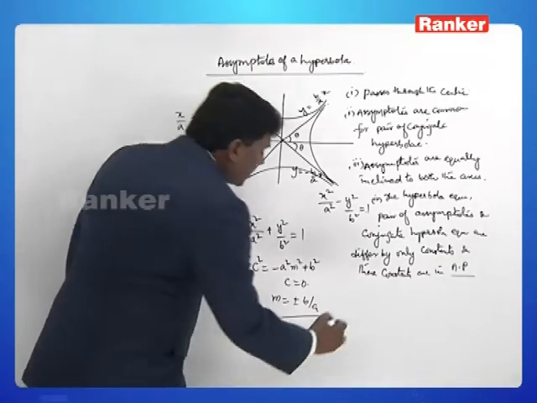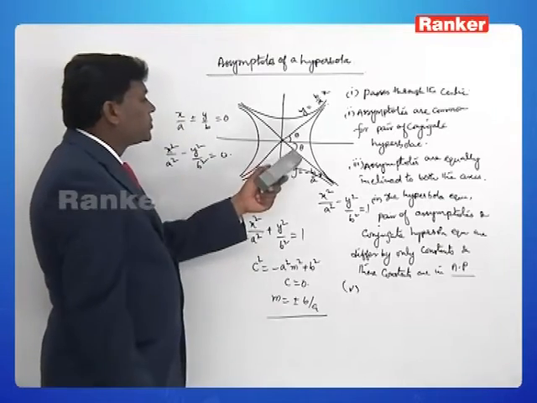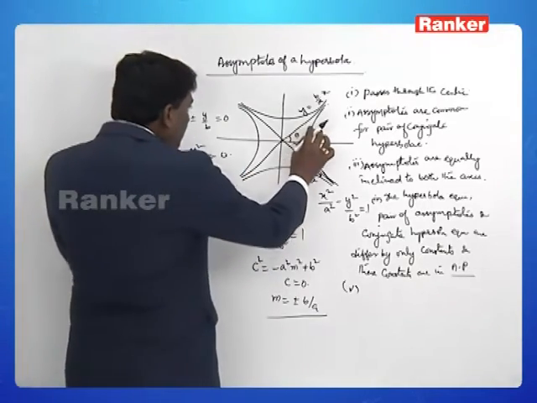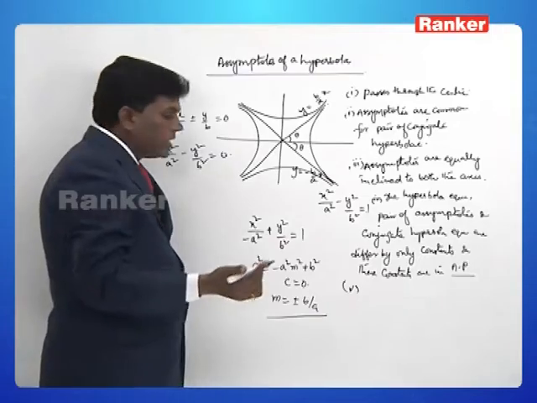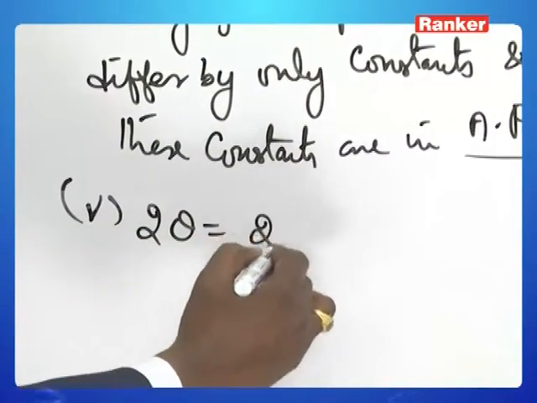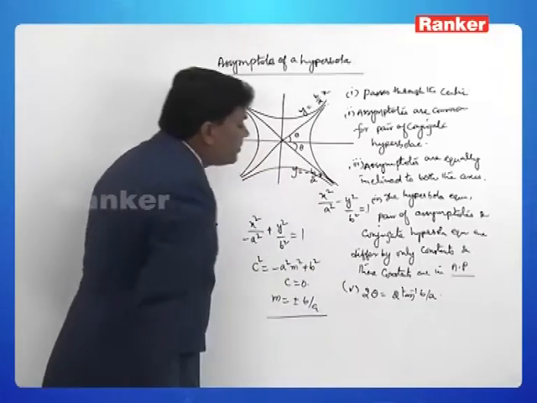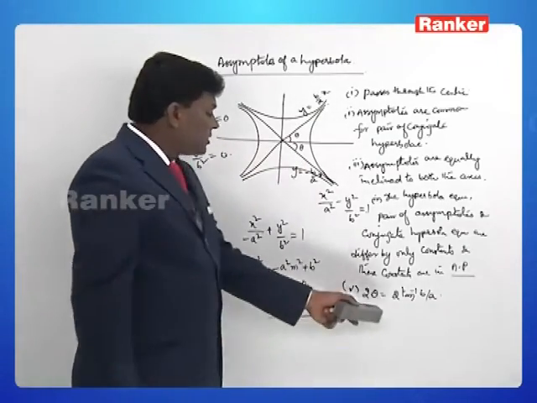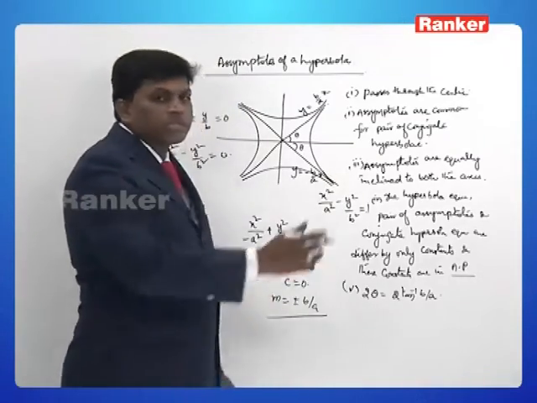Here, fifth one, angle between asymptotes. Here tan theta is b by a, theta is tan inverse b by a. 2 theta will be 2 tan inverse b by a. Angle between asymptotes is 2 tan inverse b by a, or even we can convert it into secant also.